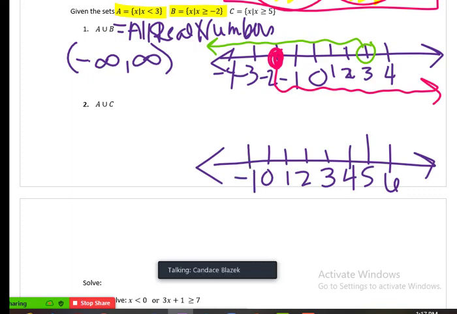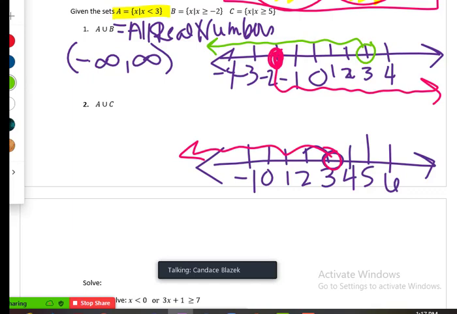The first one I'm going to look at is set A, everything that is less than 3. So, open circle, and I'll move to the left. Then I'm going to look at set C, and it's all the values greater than or equal to 5. So we include 5, and it's everything to the right.